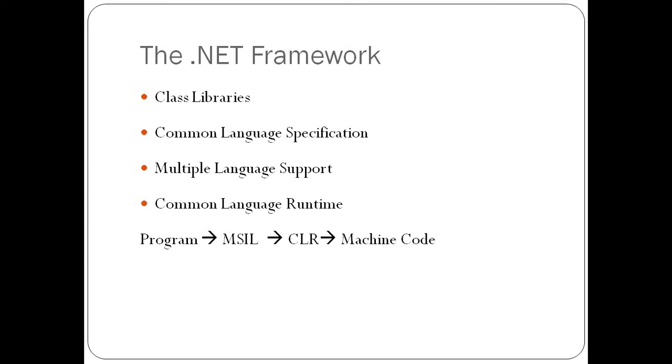So class libraries are ready-made libraries which a programmer can include in his or her programs or in application development. They contain various classes, various data types, various interfaces. These are the entities which are generally used in software development. Class libraries are used to perform various functions which are commonly used in software development.